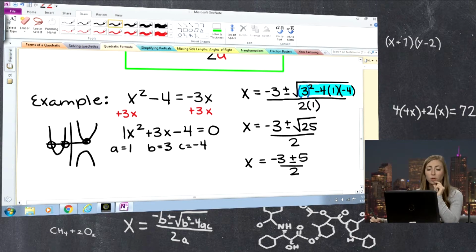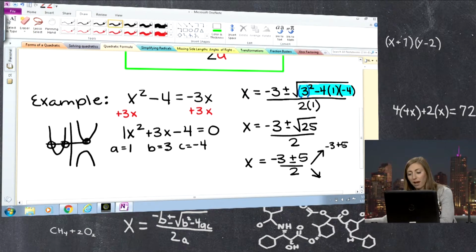But most will have 2. So we have to consider the positive and the negative square root. So we bust into our 2 different solutions. One of them is going to be -3 plus 5 divided by 2. The other would be -3 minus 5 divided by 2.